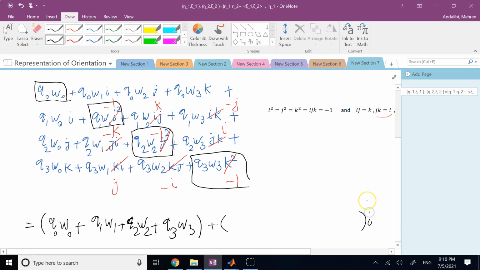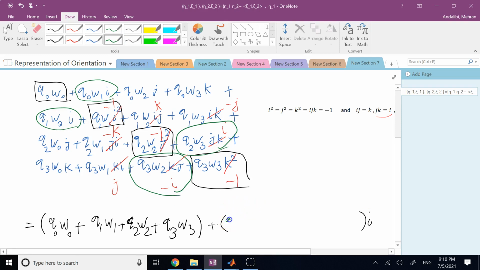Then there are some terms that have I in them. What are those? It's this guy, it's this one, it's this one, and it is this one. Correct? So let's write them down.